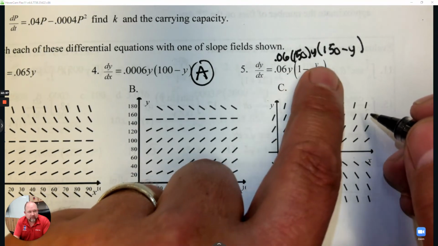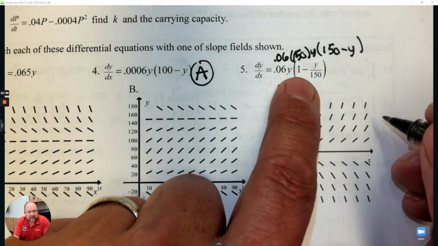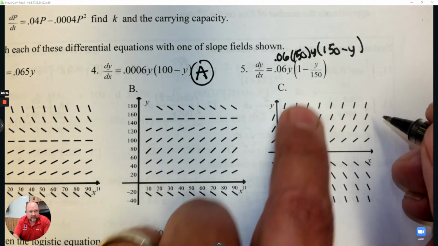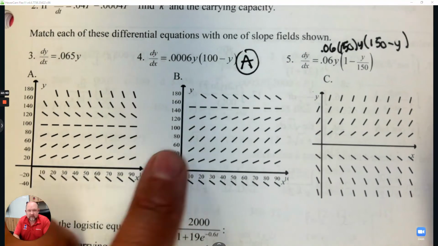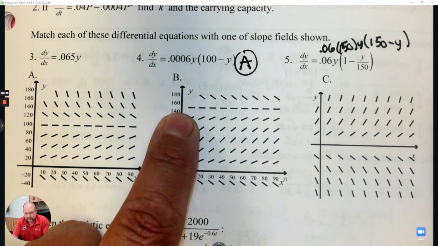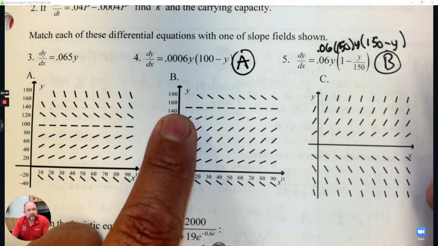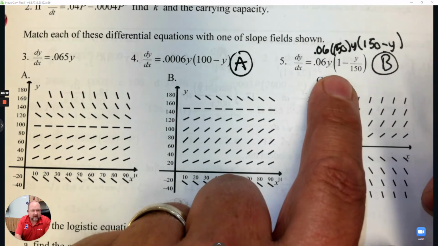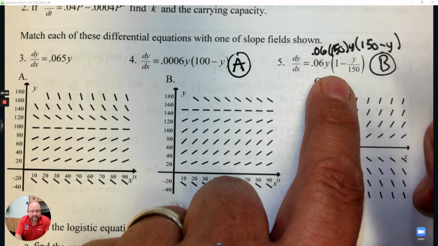So if you factor out a 150, this is what you'd be left with. And so that's the carrying capacity, 150. That's right there, B. So sometimes you have to rearrange it in a way that makes sense.